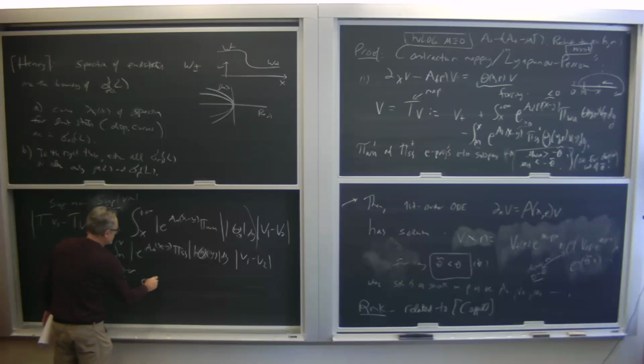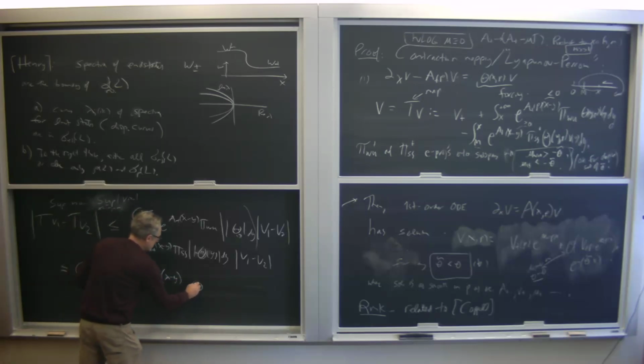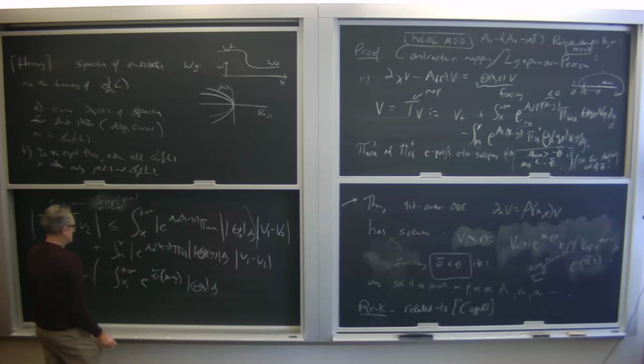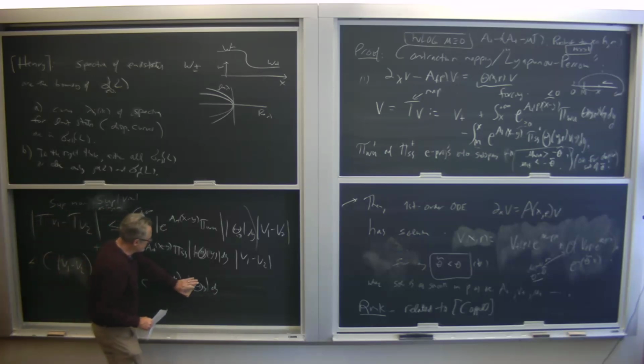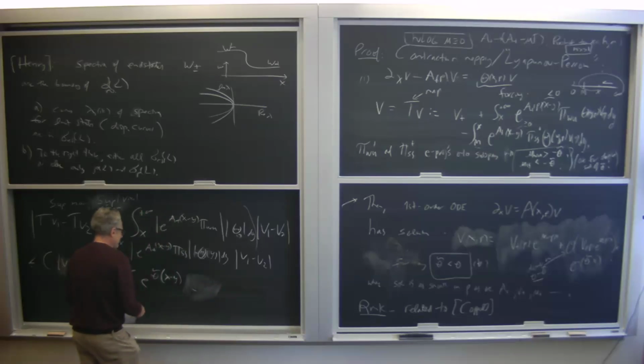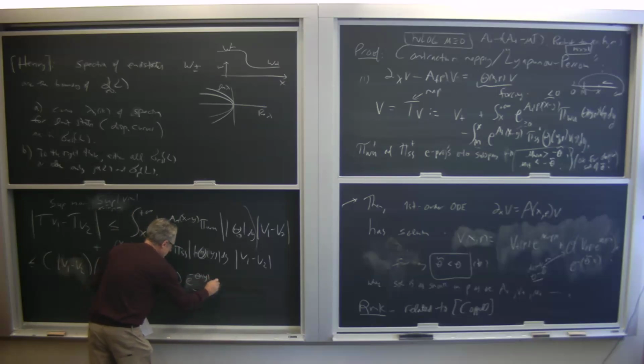And I can put e to the theta tilde (x minus y), and then theta of y dy. I'm going to pull out a big constant times V1 minus V2, and for theta I'm going to put my assumed bound, which is e to the minus theta y dy.